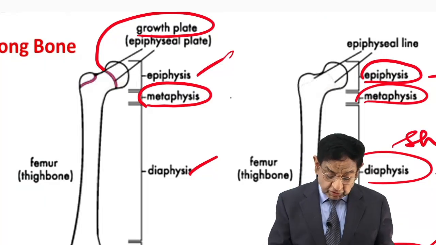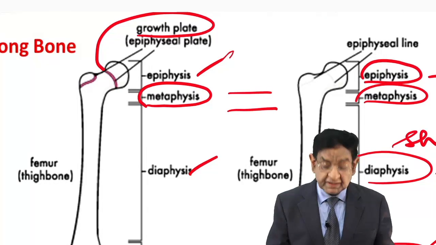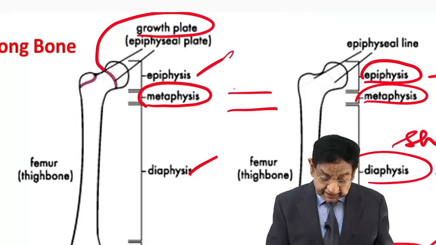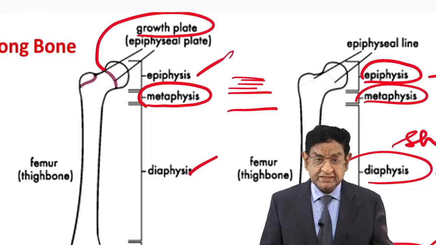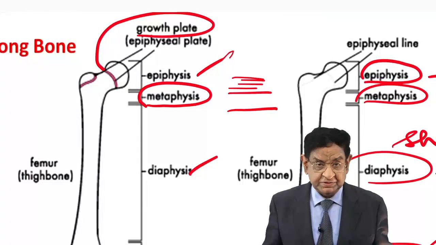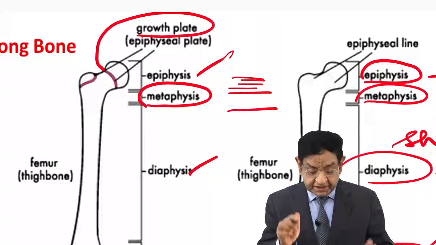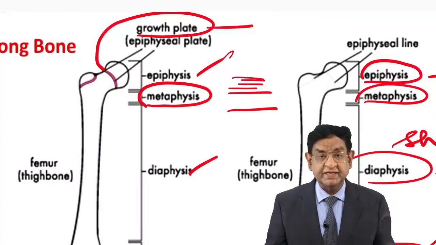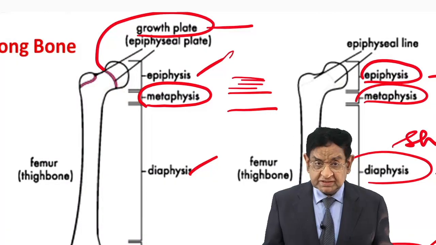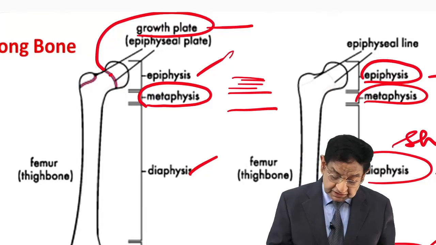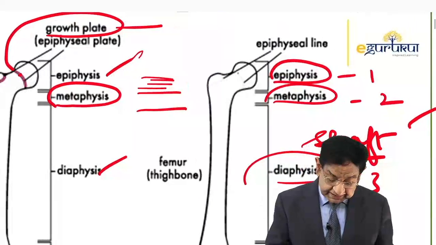It is this growth plate which keeps on dividing, and ultimately new bone is formed, which gets calcified, and this is how bone growth occurs. Remember that in children this growth plate will be there, but once the child has attained full growth, it gets fused, so finally we get it like this.